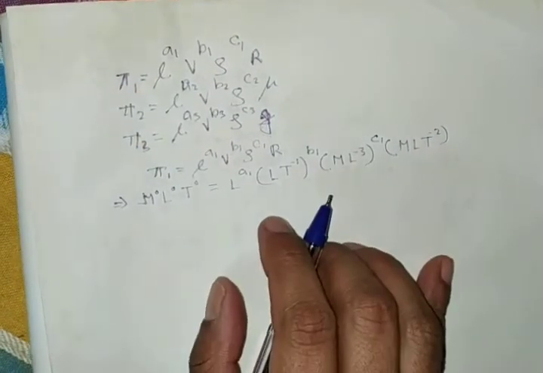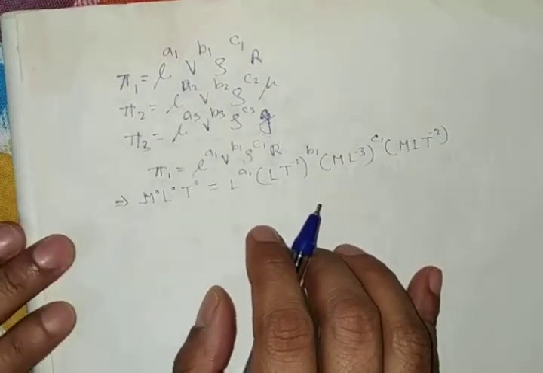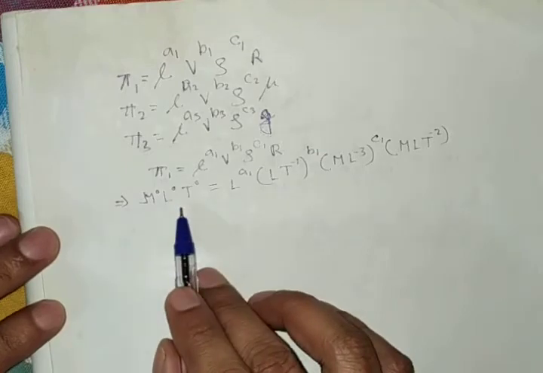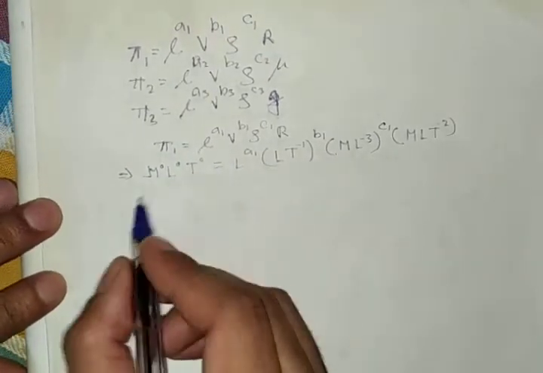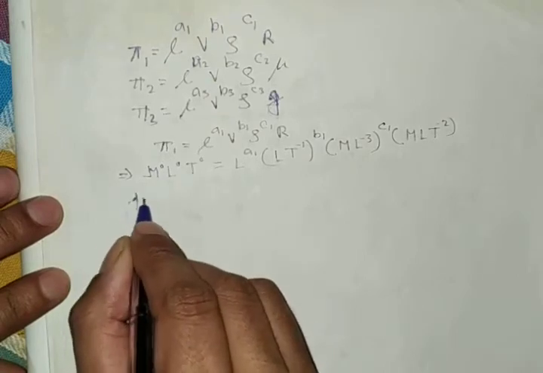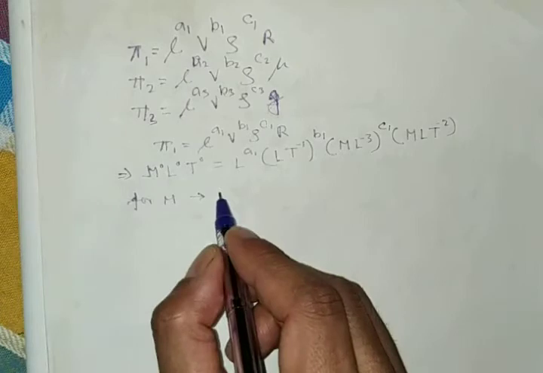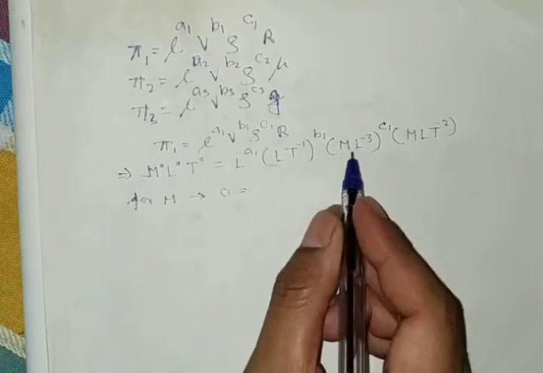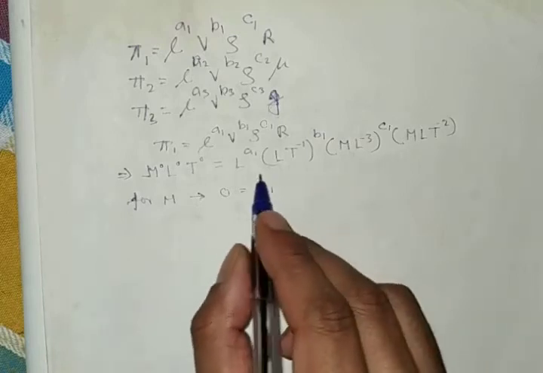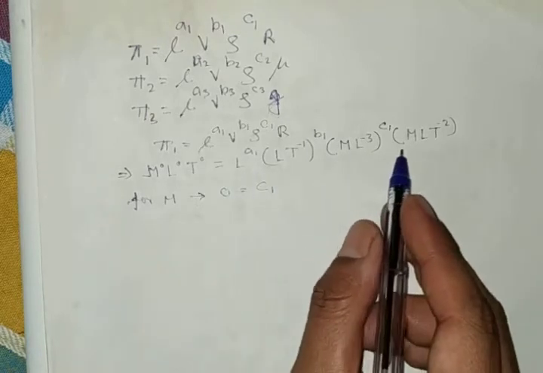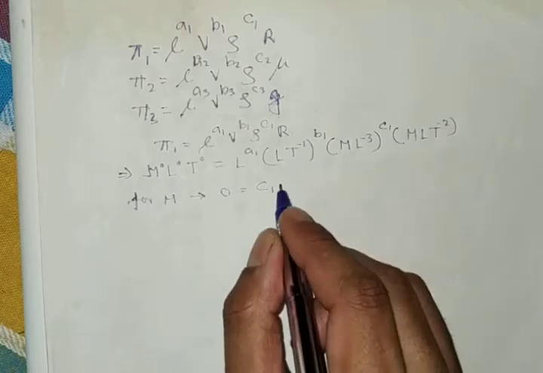Now if we apply the principle of homogeneity for left hand side and right hand side, you will get, for M, 0 equals C1 plus 1.